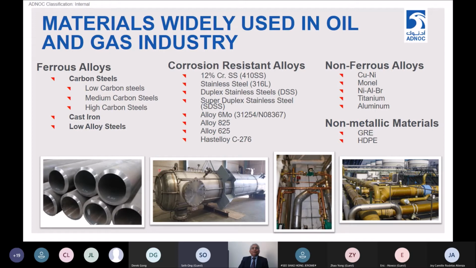And these days, GREs and most of the non-metallic materials, the source is oil and gas. So they want to move to a complete end-to-end capability to manufacture non-metallic materials in-house in the Middle East.